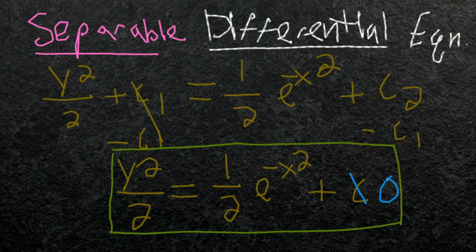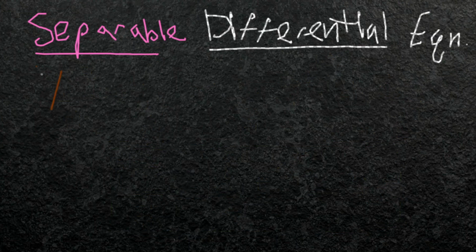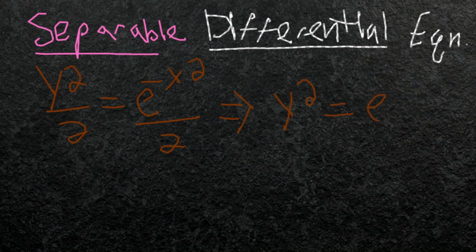So the relationship between y and x that goes through this point, we could just set c equal to 0. And so we're left with y squared over 2 is equal to e to the negative x squared over 2. Now we can multiply both sides by 2, and we're going to get y squared is equal to e to the negative x squared. Now we can take the square root of both sides, so y could be equal to the plus or minus square root of e to the negative x squared.